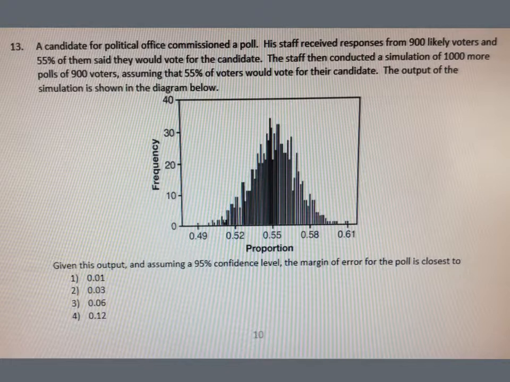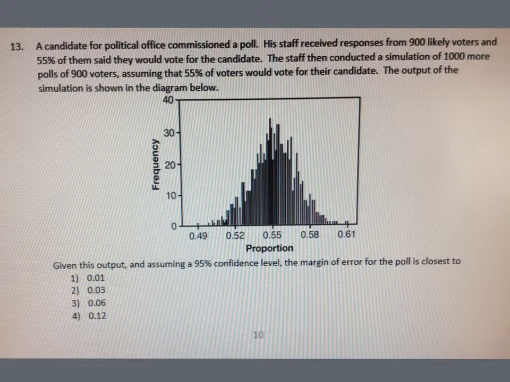Basically what's going on here is, they didn't want to assume that 55% of the voters would vote for the candidate just based on one poll that they took. They want to examine the results to see what shot this candidate really does have of winning. So based on that one poll, they ran a simulation 1,000 more times.